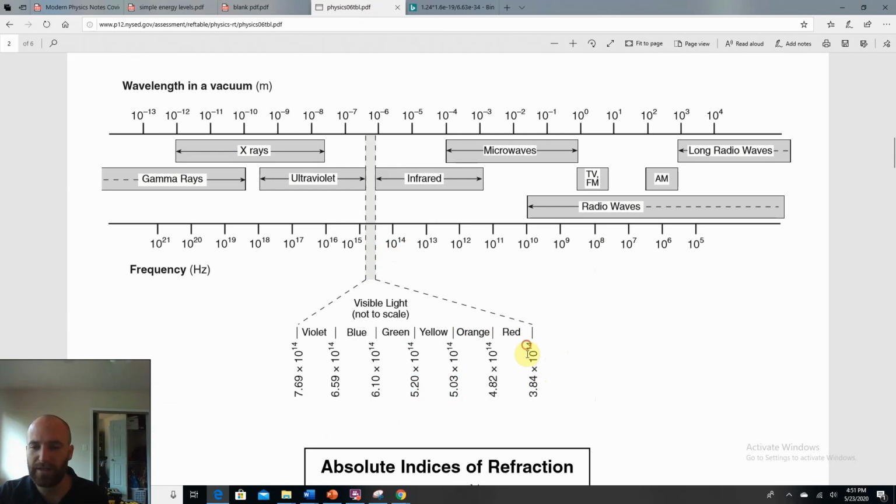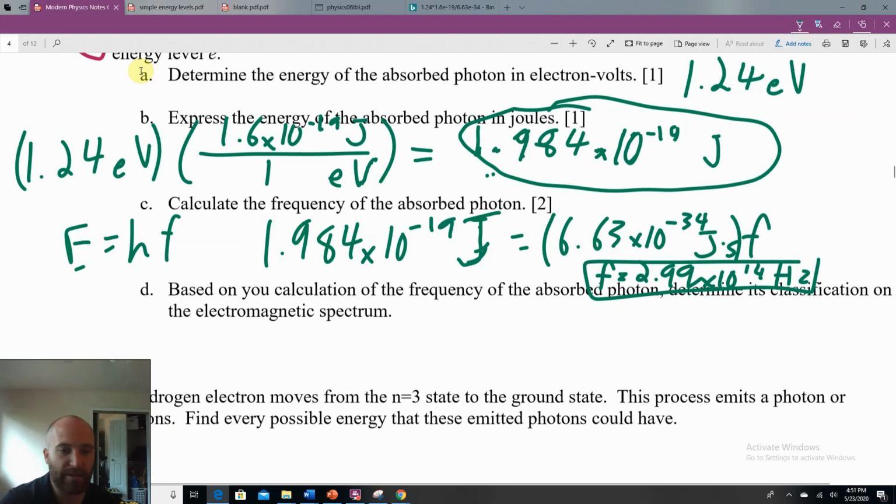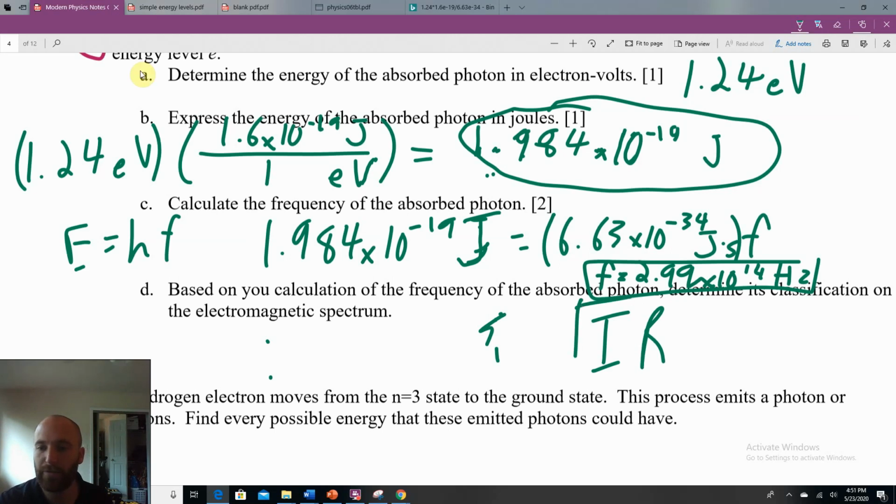But 2.99 is a little low. The lowest visible light here is 3.84 times 10 to the 14. We're going to be a little lower than that, and I think we're in the infrared range. So the answer to this is infrared, or IR, which stands for infrared.